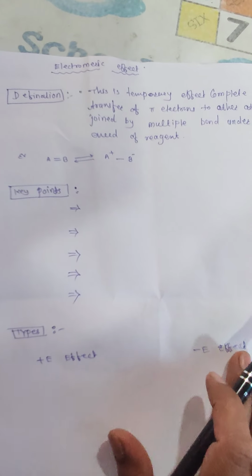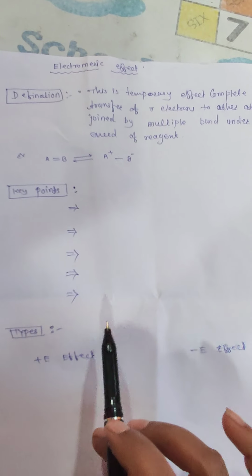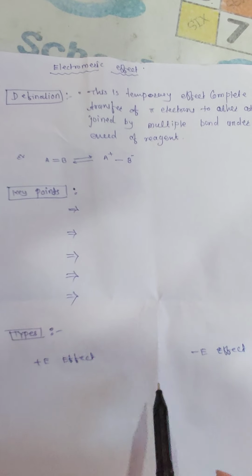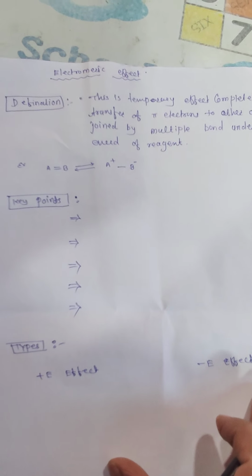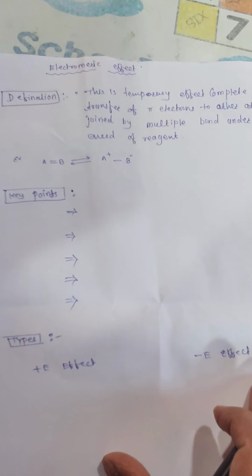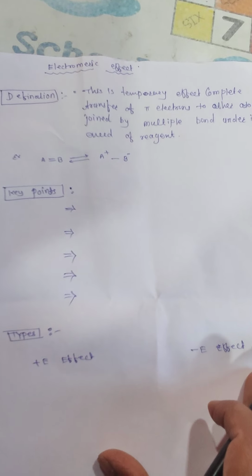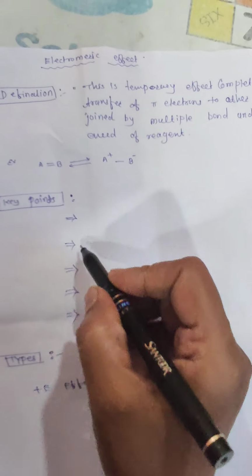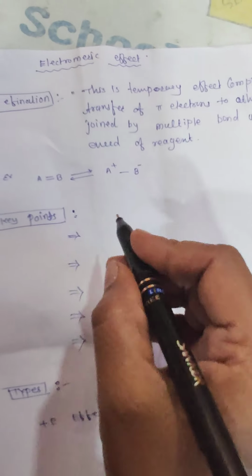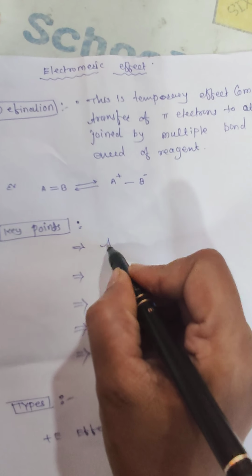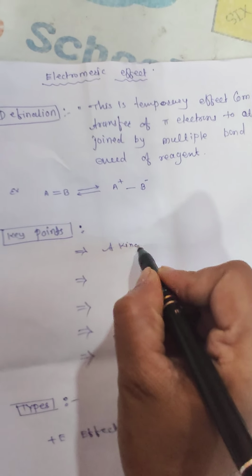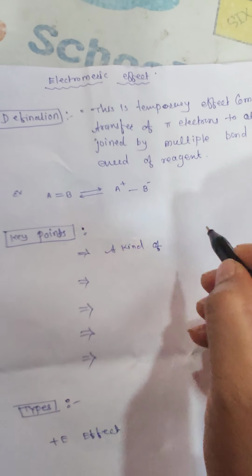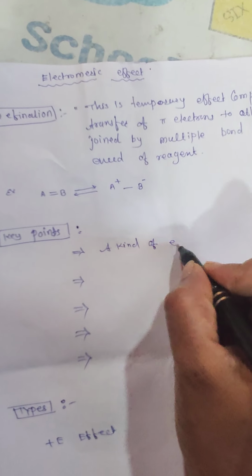I will give you some key points of the electromeric effect. First, the electromeric effect is a kind of electron displacement effect.